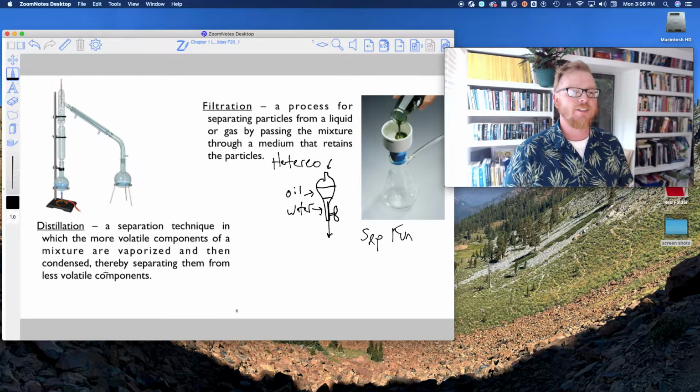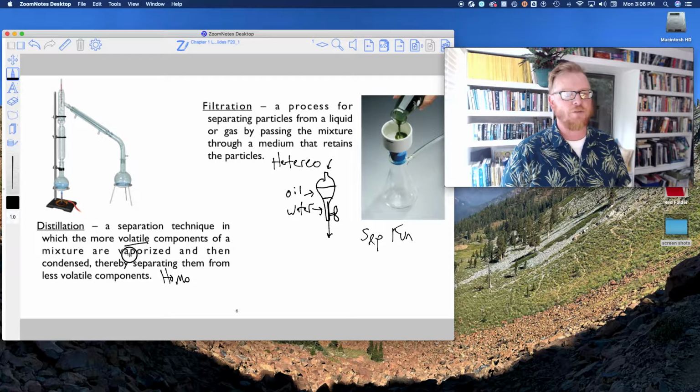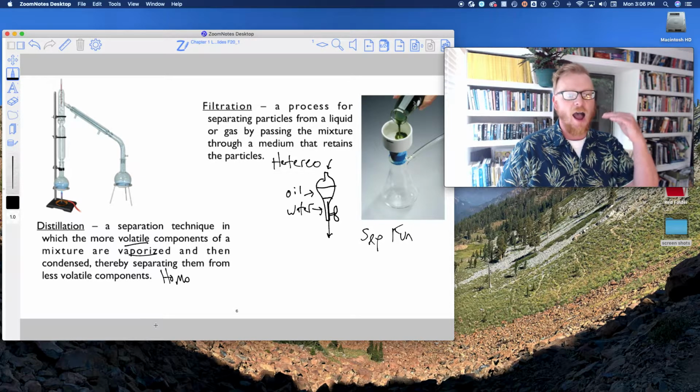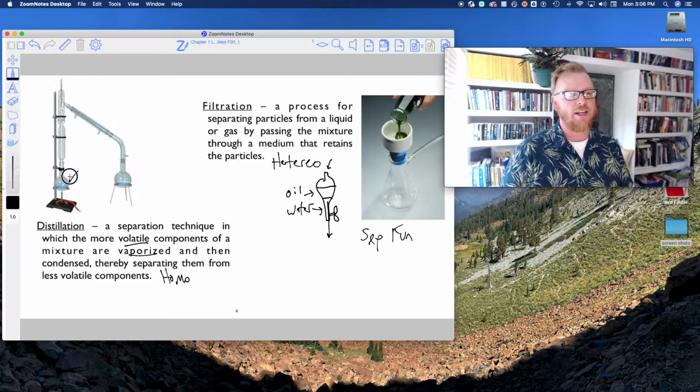Okay, so distillation typically is used for homogeneous mixtures. This is a separation technique in which the more volatile components of a mixture are vaporized and then condensed. What that means is the stuff that can evaporate easier will be separated first. So imagine here is your mixture in this flask, and there's a little Bunsen burner right there.